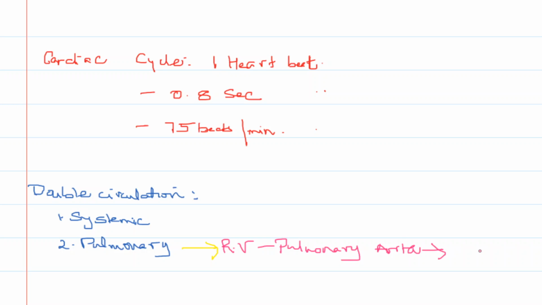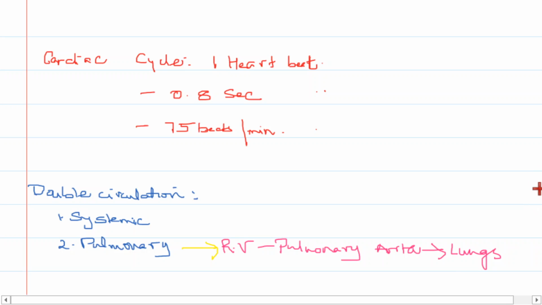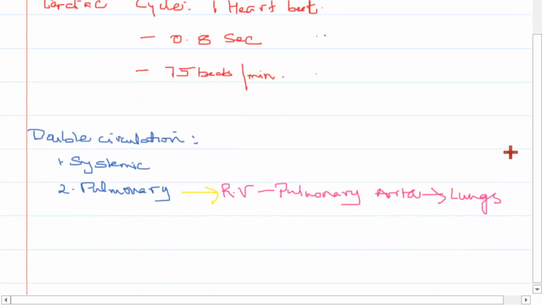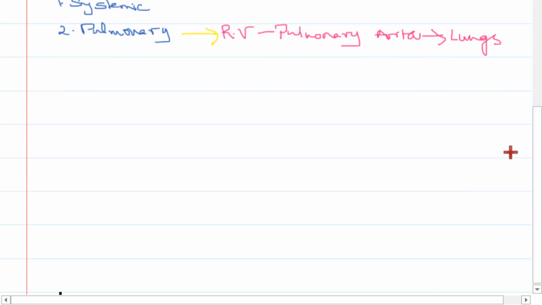From there, it goes to the lungs. And what kind of blood is flowing through here? It's deoxygenated blood, right? Because it's collected from all parts of the body.